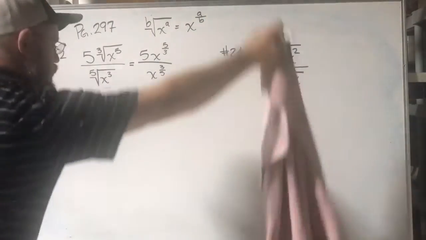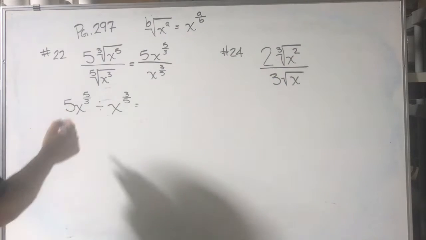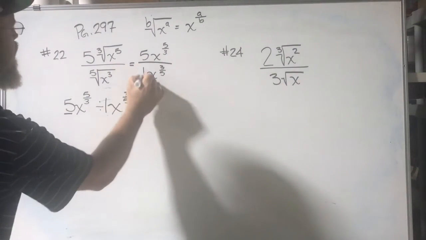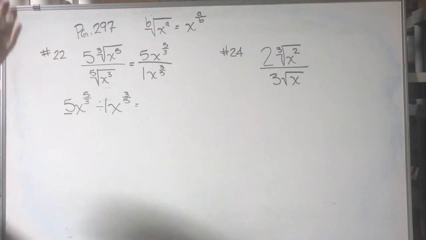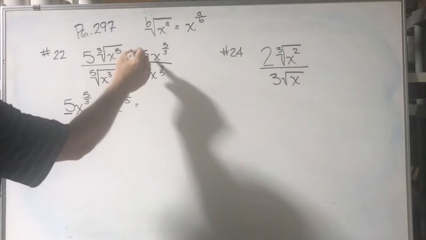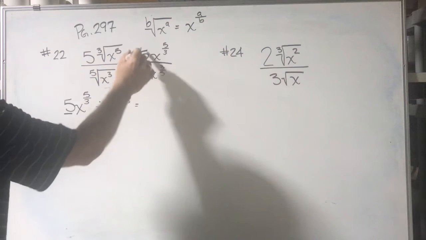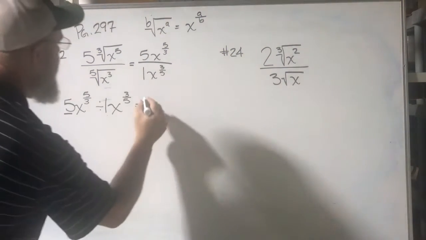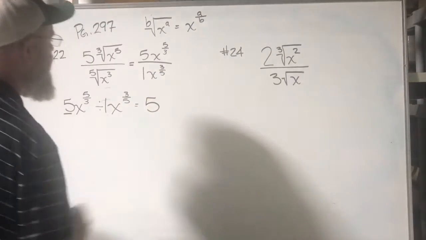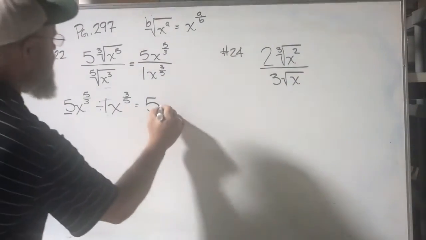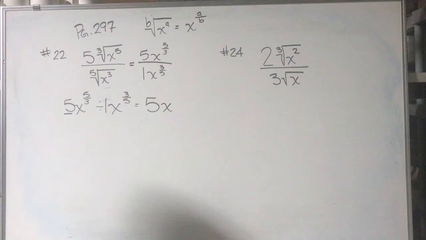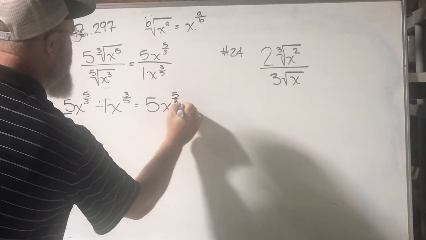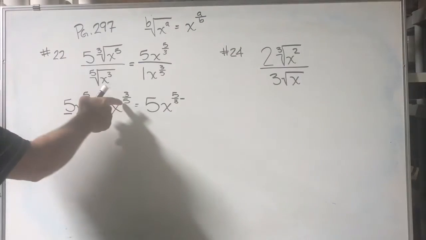All right? So, I have a 5 here, and this is actually a 1, right? It's an invisible 1. So, with the coefficients, we divide the coefficients. 5 over 1 equals 5. Okay? So, I've got 5. And then I've got my x. I'm going to have an x to the 5 over 3 minus 3 over 5.